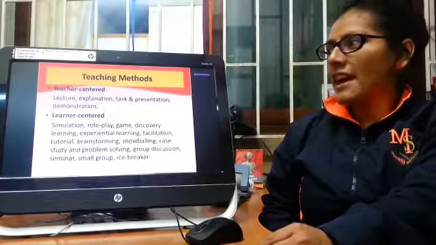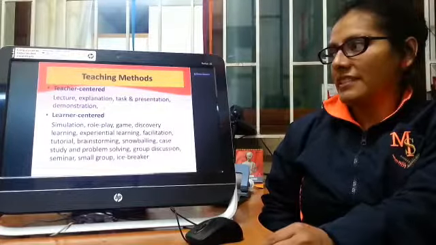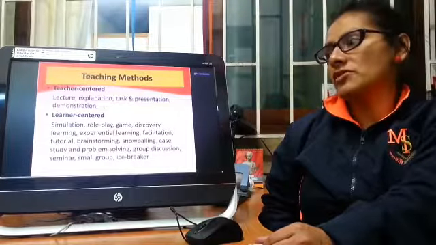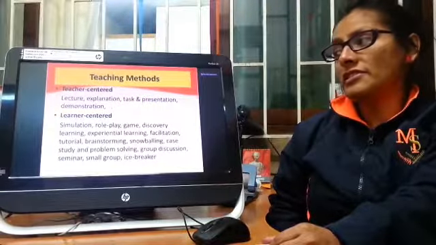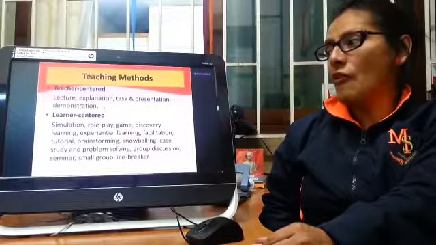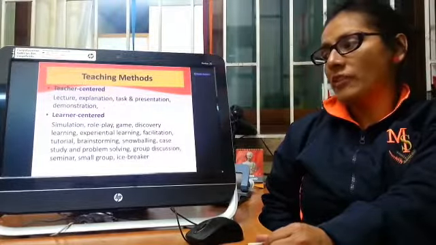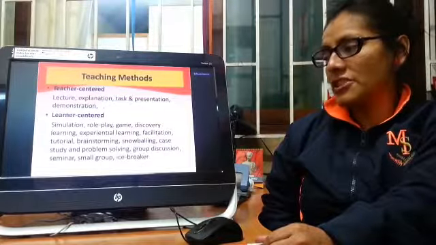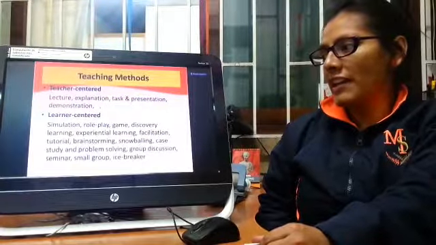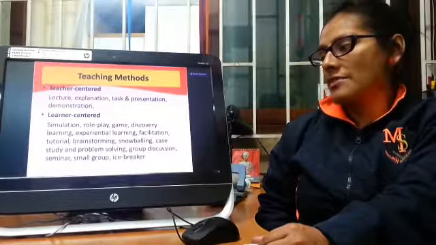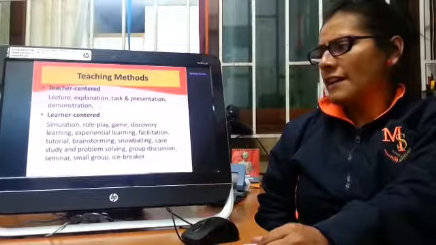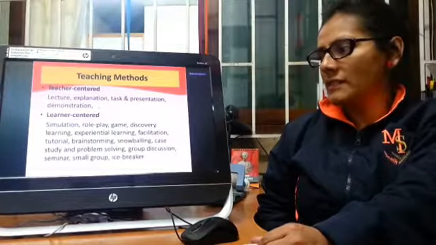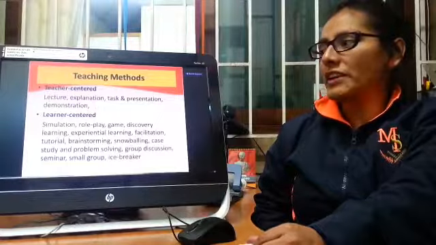Teaching methods. Teacher-centered: lecture, explanation, task, presentation, demonstration. Learning-centered: simulation, role play, games, discovery learning, experiential learning, facilitation, tutorial, brainstorming, snowballing, case study and problem solving, group discussion, seminars, small group, icebreaker.